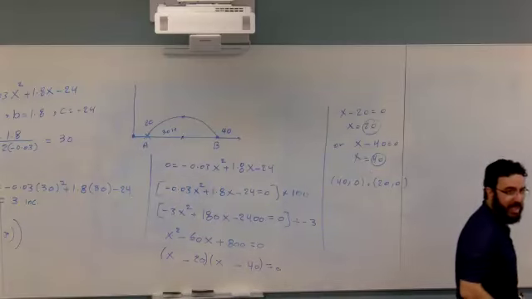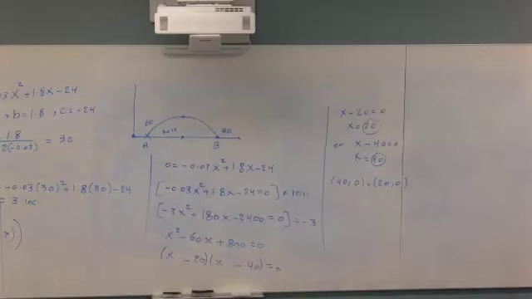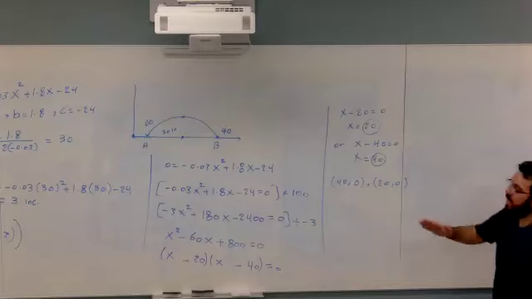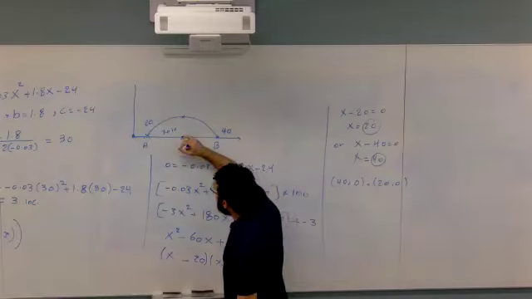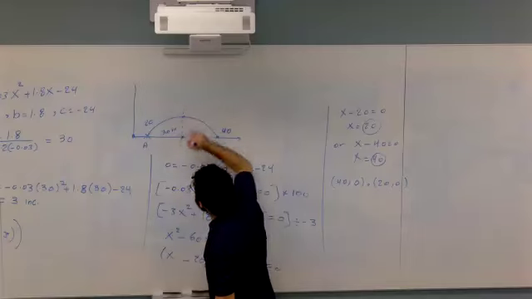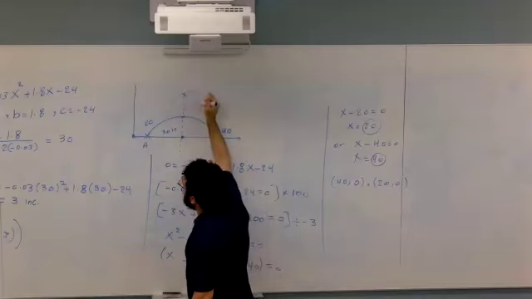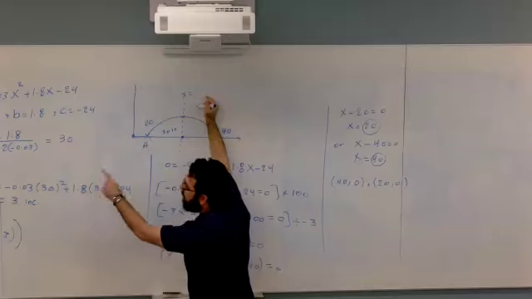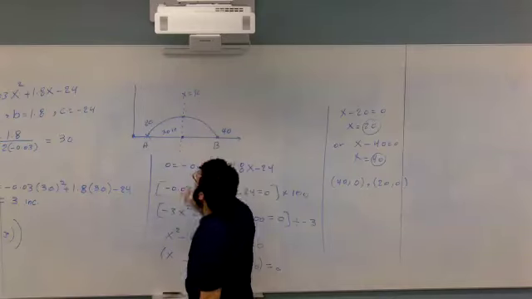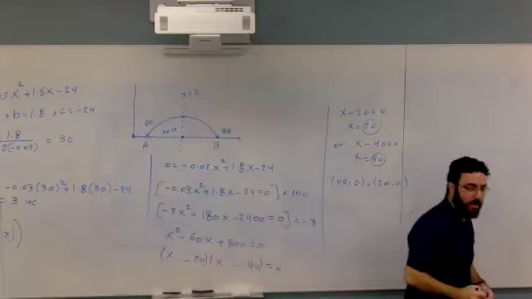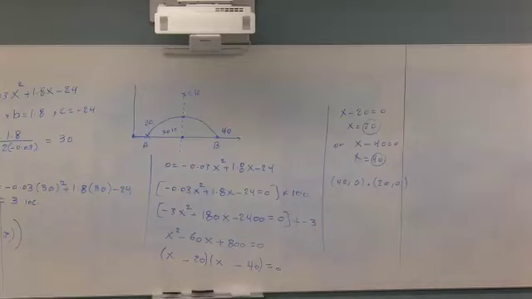It makes more sense now with the graph. Because these are the x-intercepts, and the vertex with the axis of symmetry is going to be exactly in the middle when x equals what? What is the value of h? 30. See? It makes more sense now. Got it?